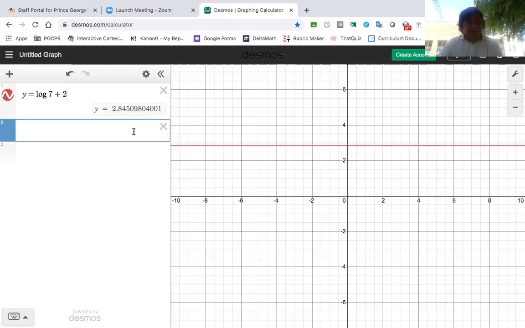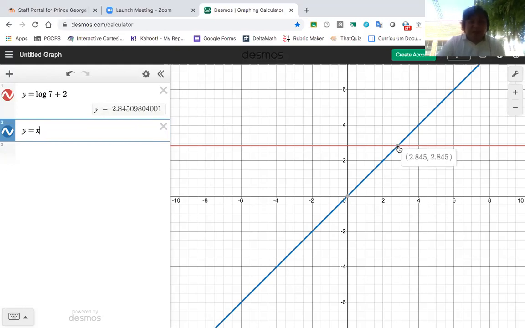Next, we're going to type the right side. So y is equal to, the right side of the equation is simply x. There we go. So for what value of x would the two graphs intersect? It intersects at x is equal to 2.845 or 2.85 if you would like to just keep it to two decimal places.